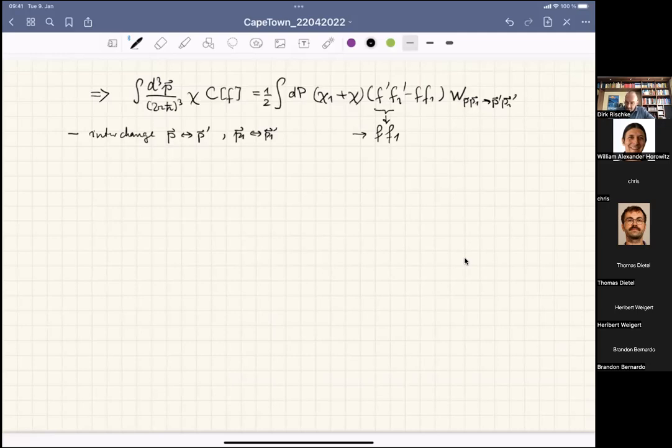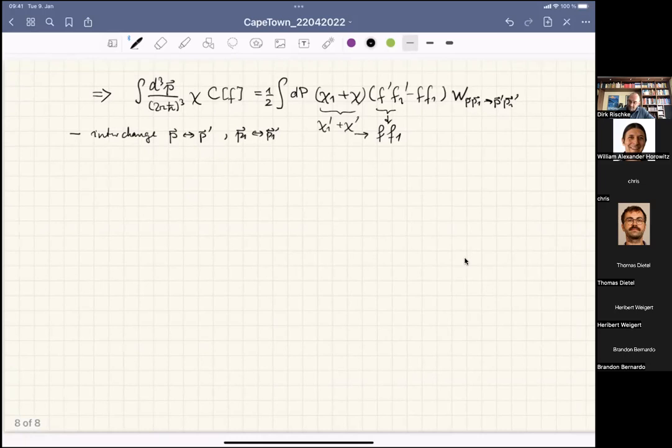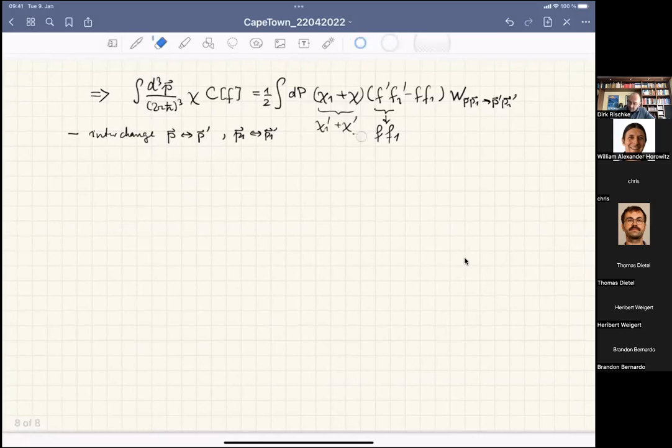It isn't 0 because this here becomes chi 1 prime plus chi prime under this interchange. Sorry, let me write this again. So this becomes f f1 under this interchange, and this becomes chi 1 prime plus chi prime.